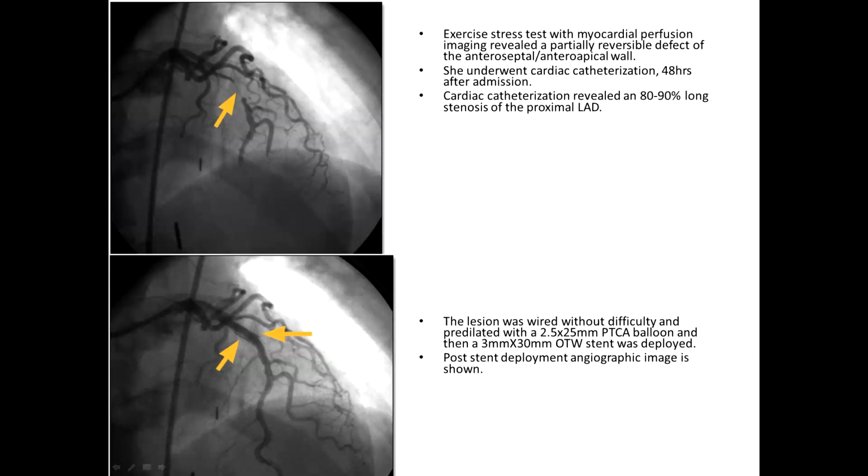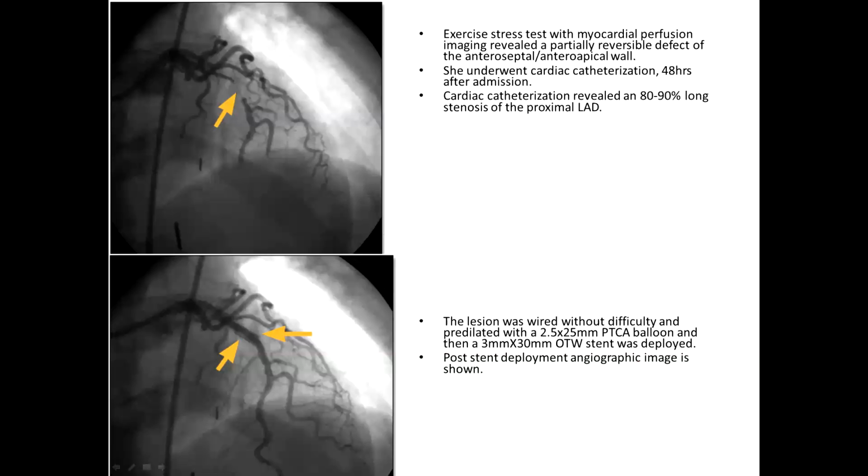Okay, so here's our lady. She underwent exercise stress. This is a real case study, by the way. This is not my patient, but it's another case study that I was able to participate in gathering information on. So anyway, she underwent exercise stress testing, which I don't know why they did this. You can obviously see on her ECG that she has problems, with myocardial perfusion imaging revealing a partially reversible defect of the anteroseptal interapical wall.